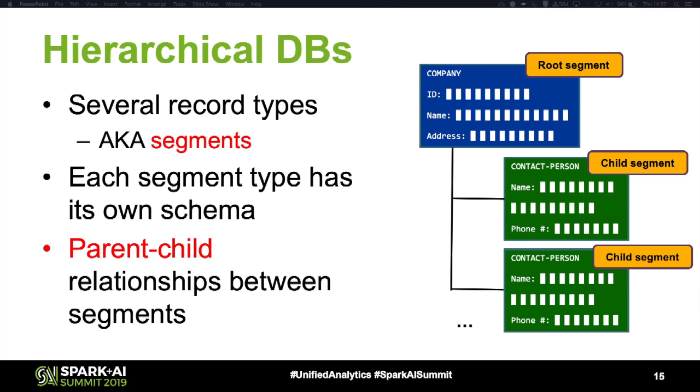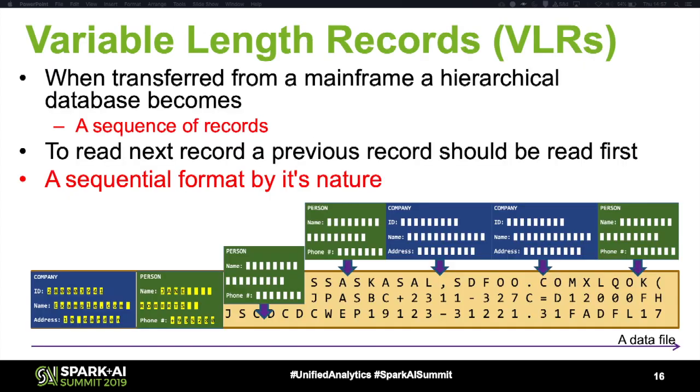So a hierarchical database keeps the parent-child relationship automatically for you, and you can query this database from a mainframe. But again, when such a database is copied from a mainframe to a PC, the copying tool kind of serializes, I would say, maybe an appropriate word, taking all of the records and making a file as a sequence of records, which are order dependent.